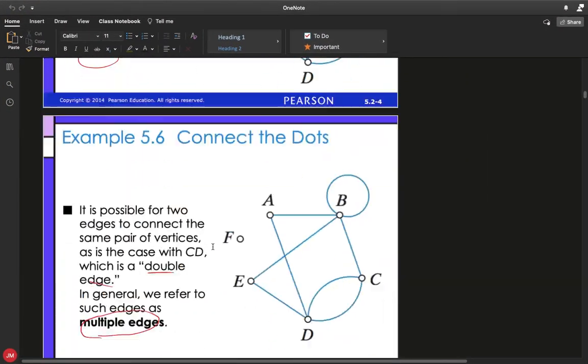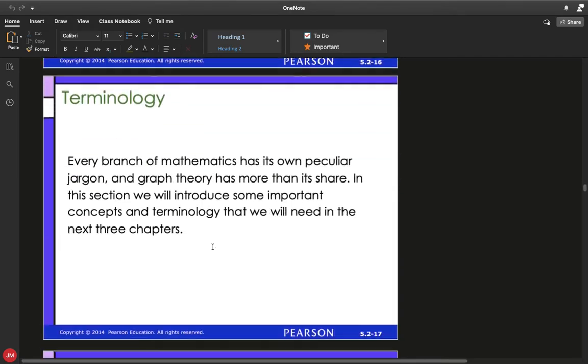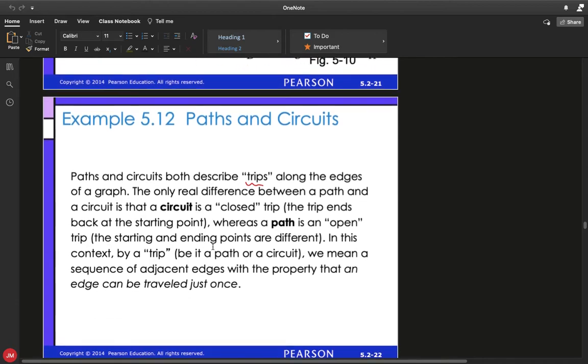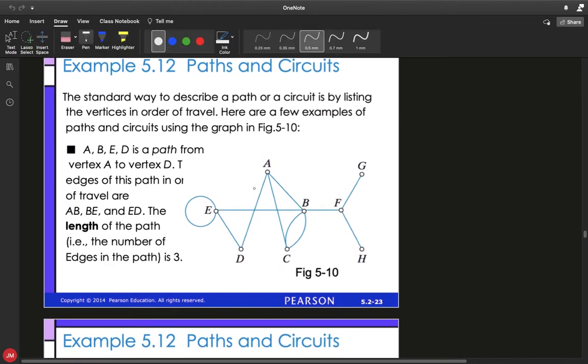All right, so I believe where we left off, we were just getting ready to look at some examples of paths and circuits with our example that we've been taking a look at. So here is that figure 5-10 once again.